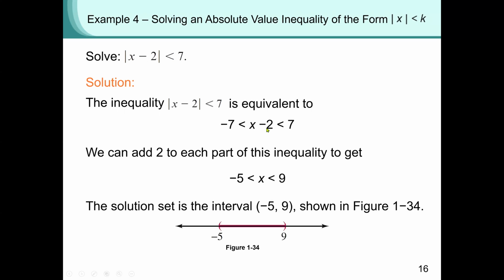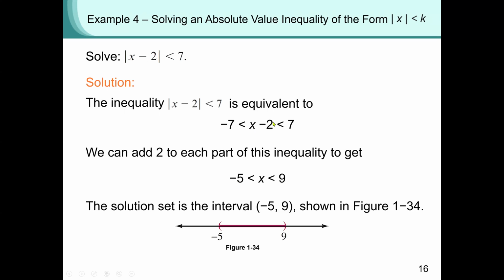So from here, we can solve our problem. Let's cancel the negative 2, and we need positive 2 to cancel it. So I have to add positive 2 to all 3 sections of the inequality. So negative 7 plus 2 will give me negative 5.